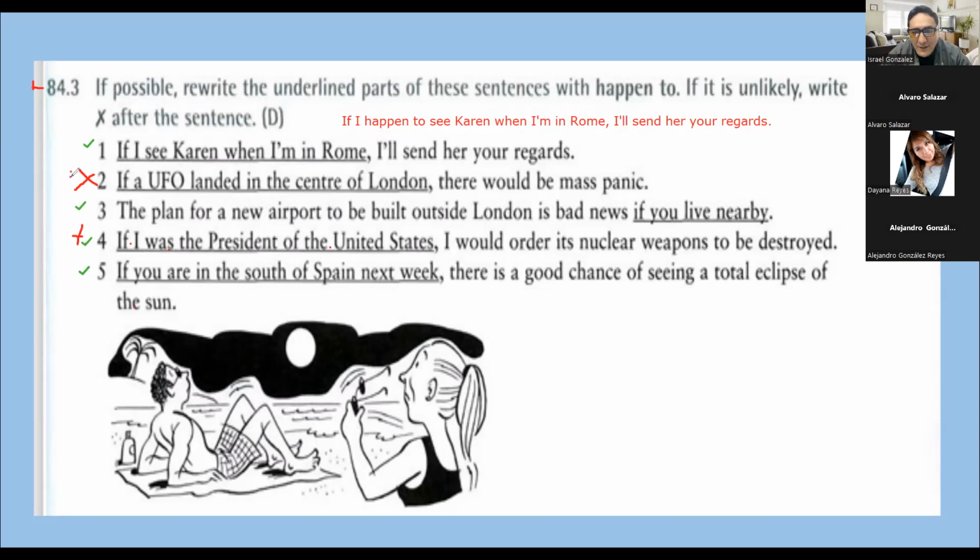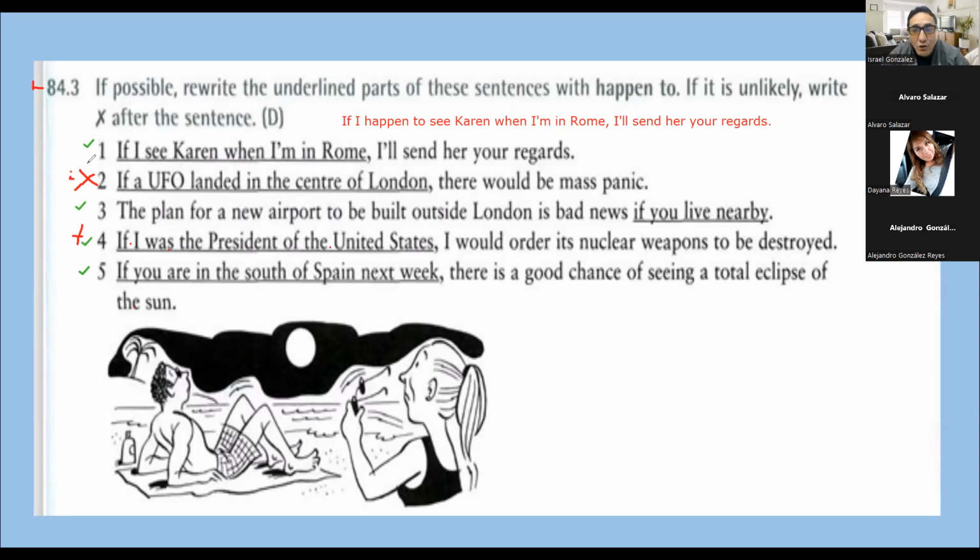I think in this case you shouldn't use it, because there is no chance. You think it is not possible. Okay. Imagine, si de casualidad, if you happen to see a UFO, not very common. Okay, not in this case.